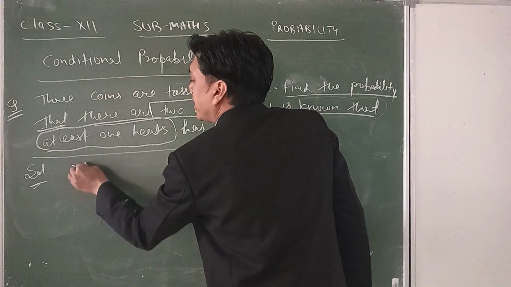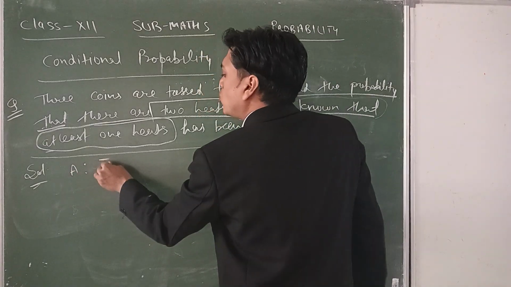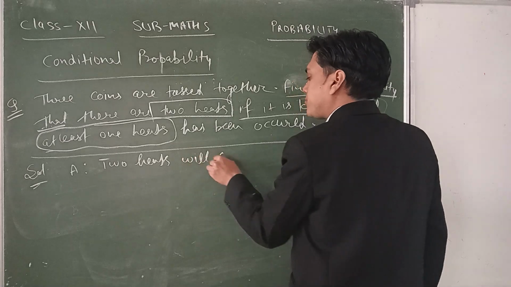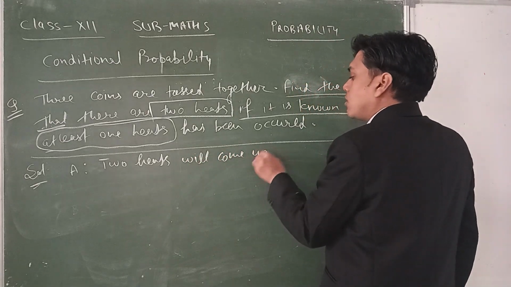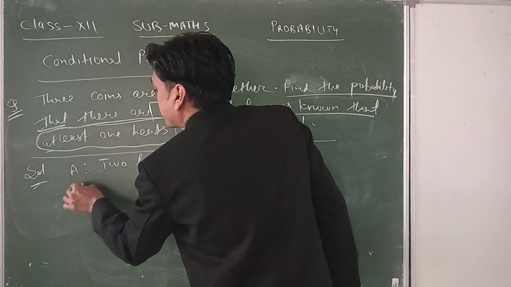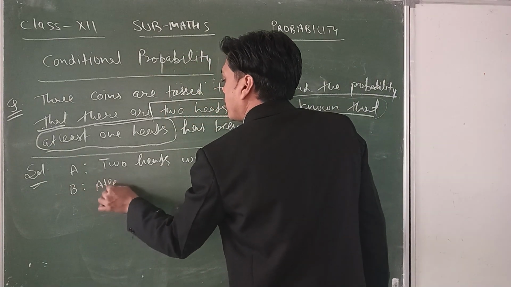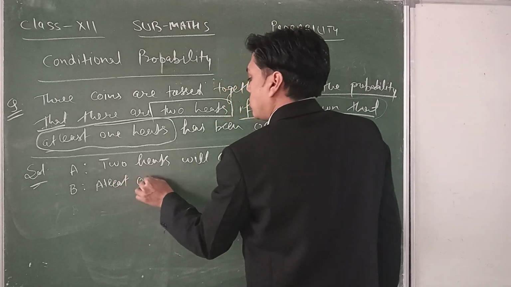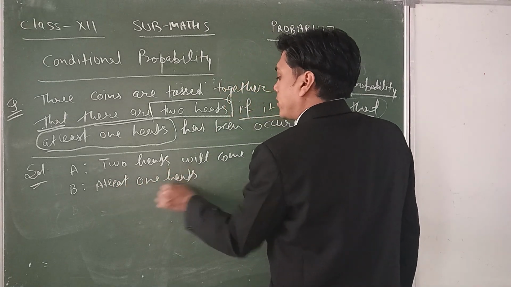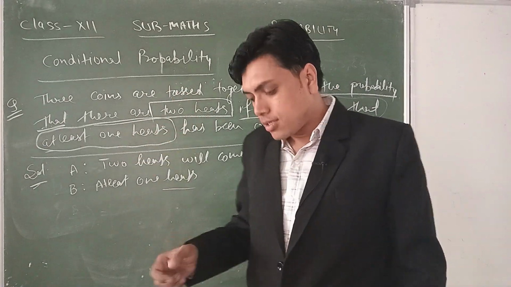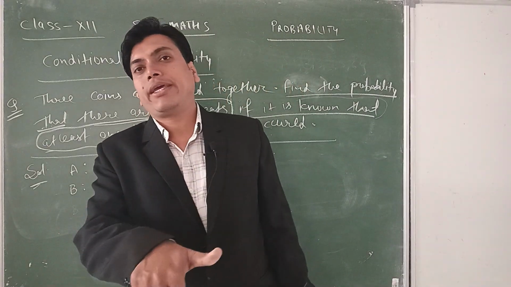So let the first event A be that two heads will come up, and event B be at least one head. So two events were given there, so I identify them as event A and event B.